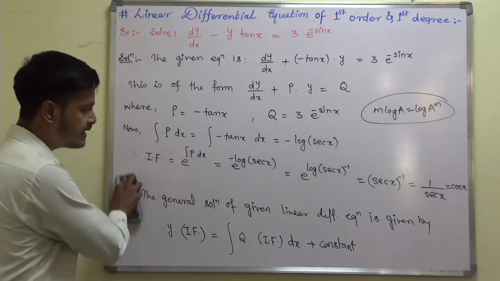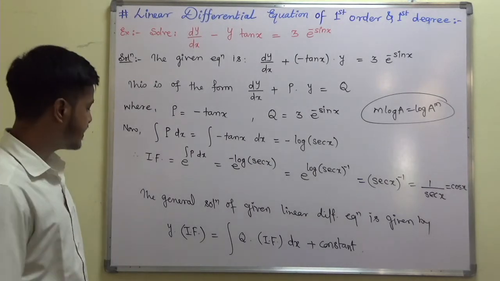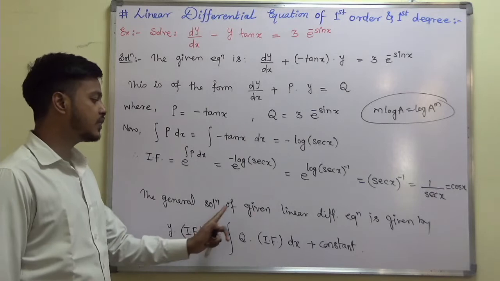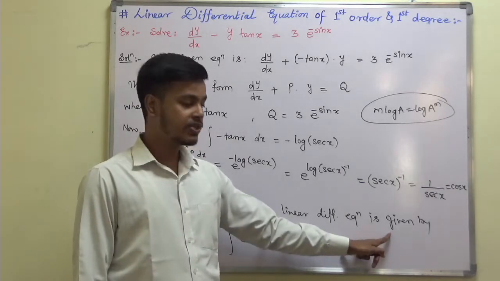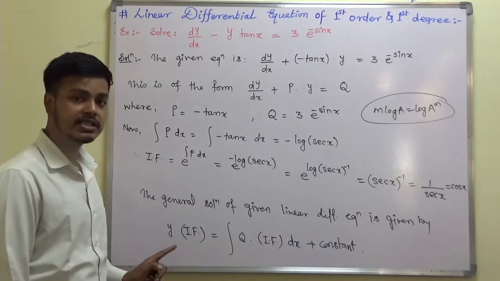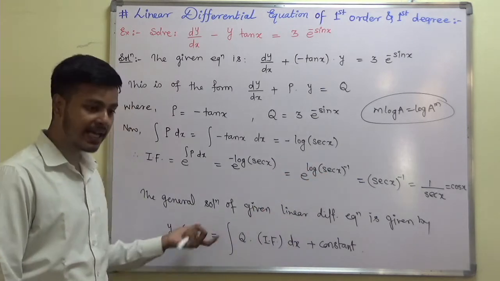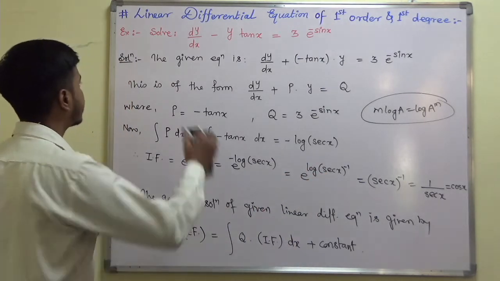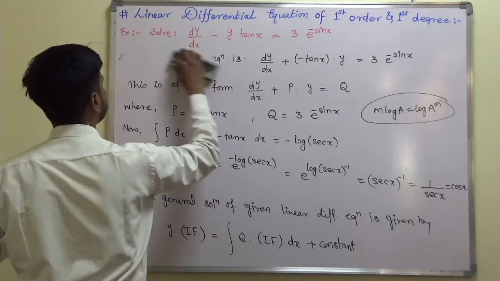Now this is the third step. The third step says the general solution of the given linear differential equation is given by this. So you just need to substitute these values and integrate. So let me write this now.